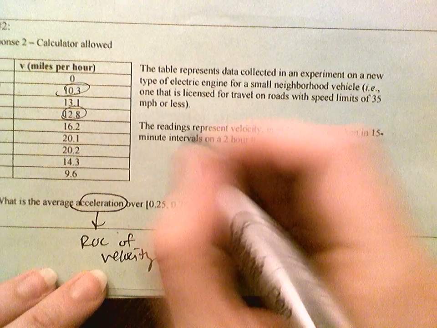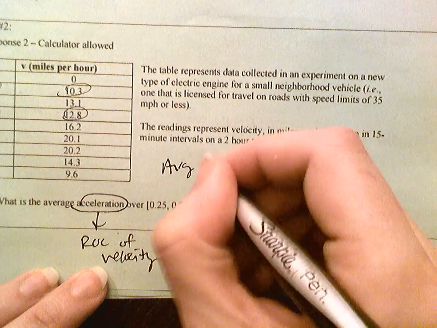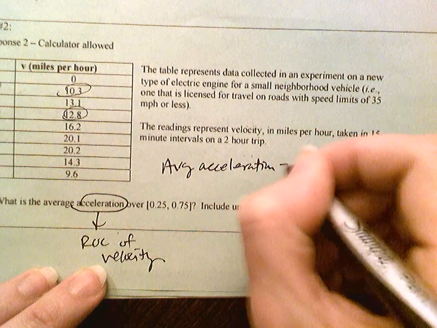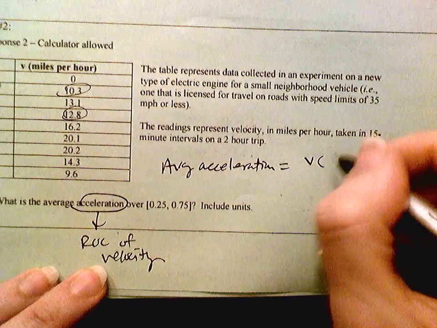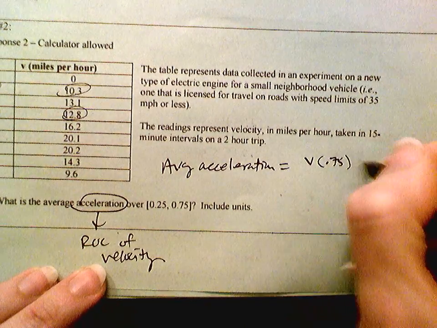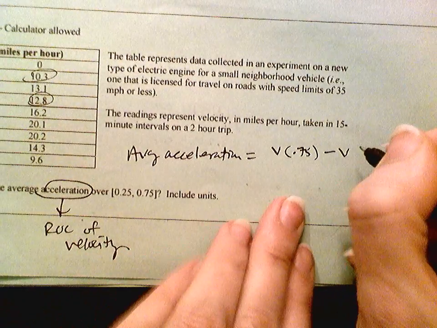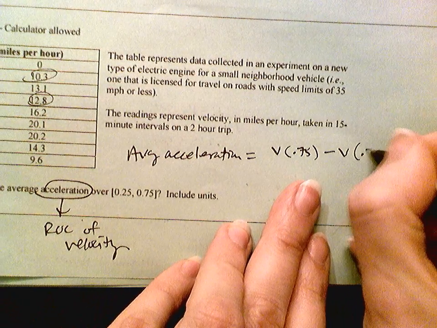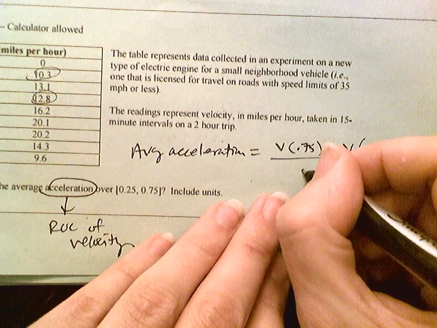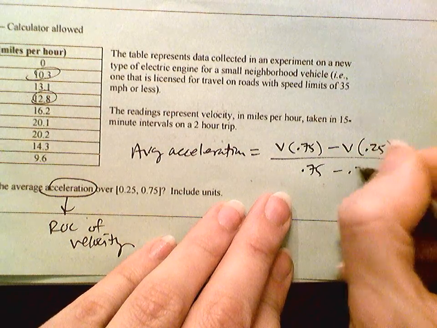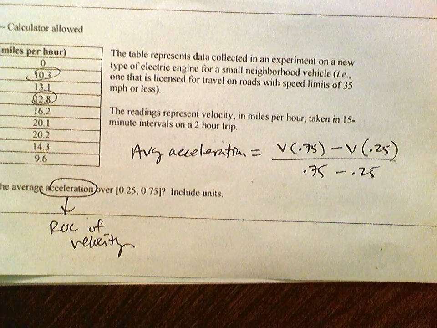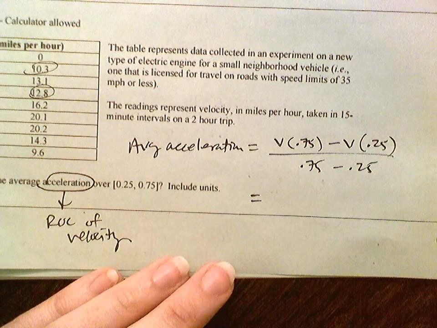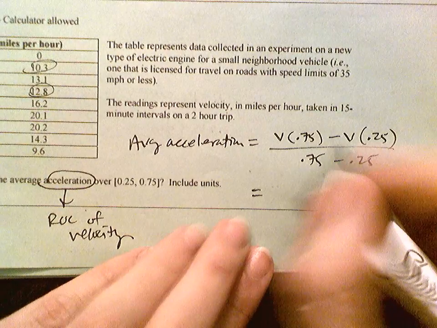I'll say that the average acceleration is going to be equal to v of 0.75 minus v of 0.25 over 0.75 minus 0.25. That's just the average rate of change formula, which is equal to, I already did this, and I got 5.